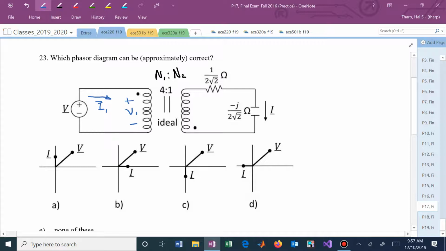And since I really am trying to find this I, it might be easier for me to say, if I knew this voltage V2, I just divide that by that total impedance in the secondary side, and that gives me I.